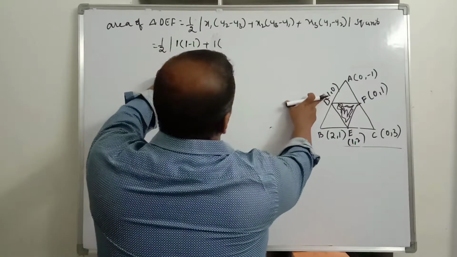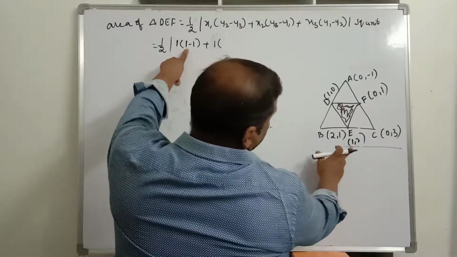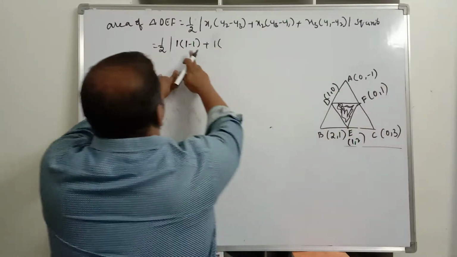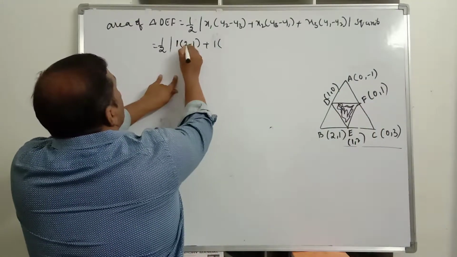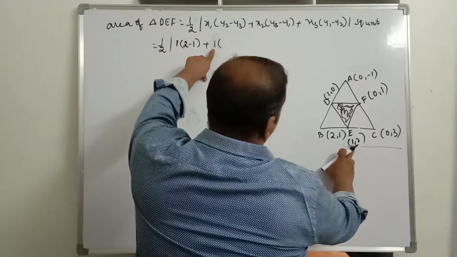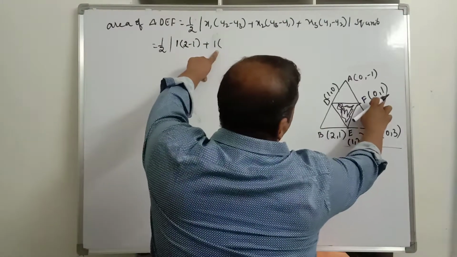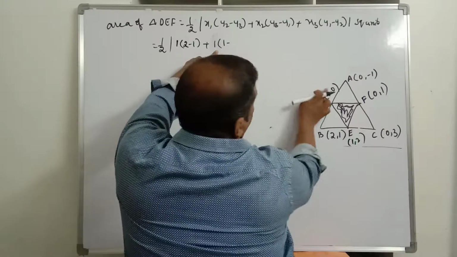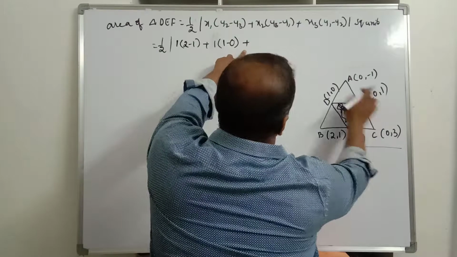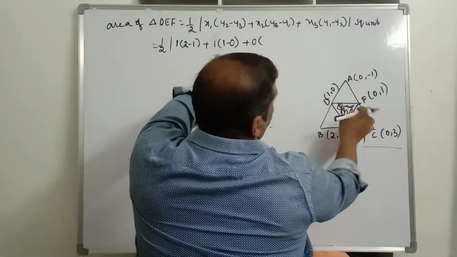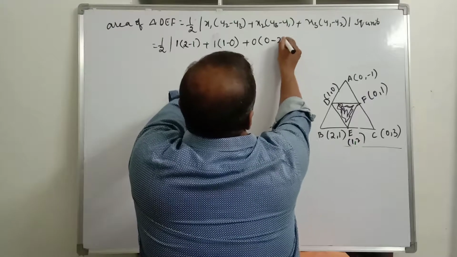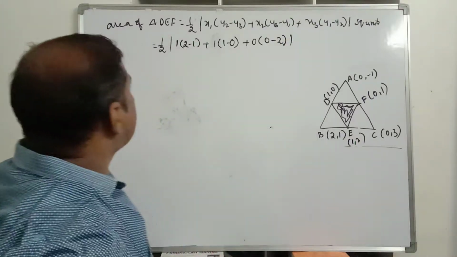D: x1 is 1, y2 minus y3, here y2 is 2 and y3 is 1, so 2 minus 1. Then x2 is 1 into (y3 is 1 minus y1 is 0) plus x3 is 0 into (y1 is 0 minus y2 is 2).